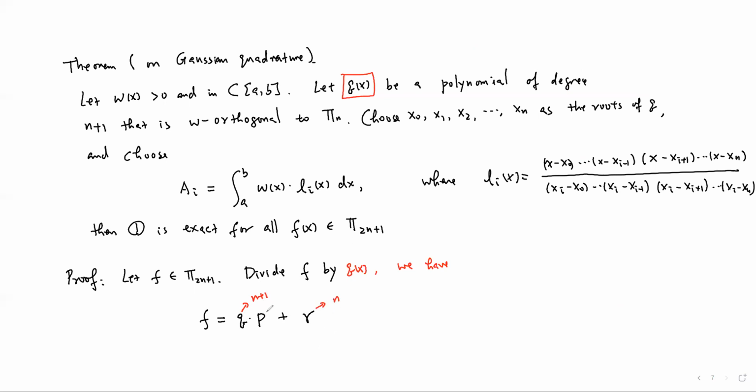And because f has degree at most 2n plus 1, P has degree at most n.